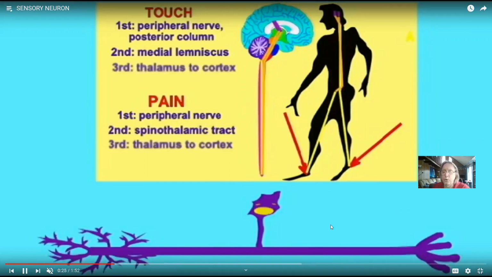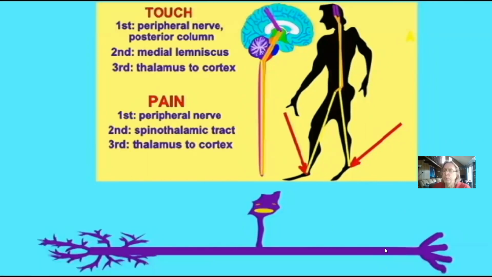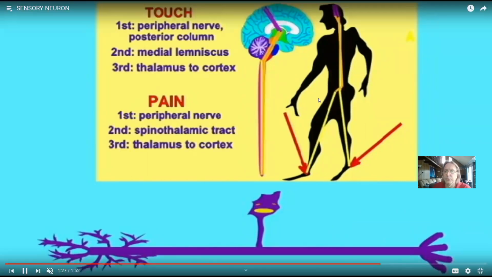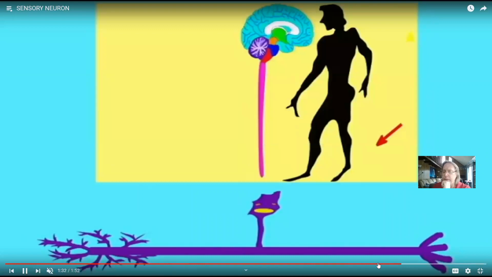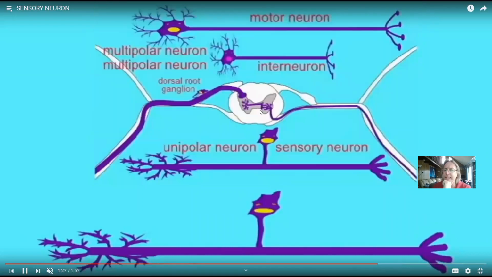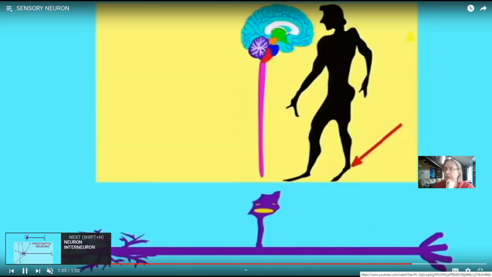And because it's along the dorsal root, then it is called the dorsal root ganglion. So as you look at the spinal cord, there is a dorsal root which only carries sensory fibers. And then there is a ganglion there, the dorsal root ganglion, which has the soma of these sensory neurons.